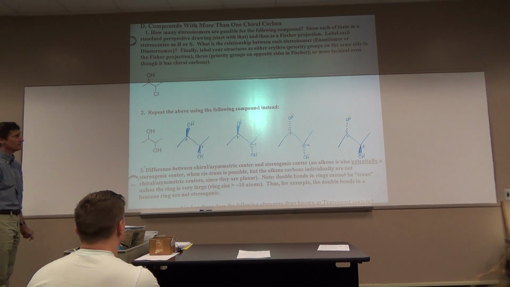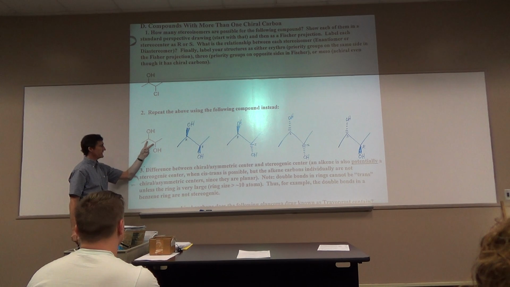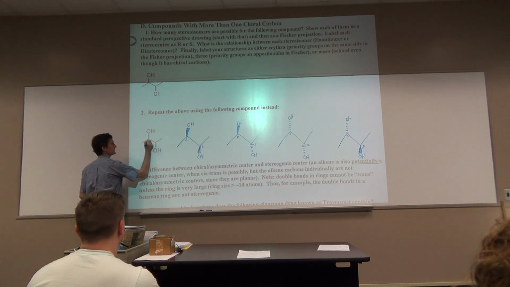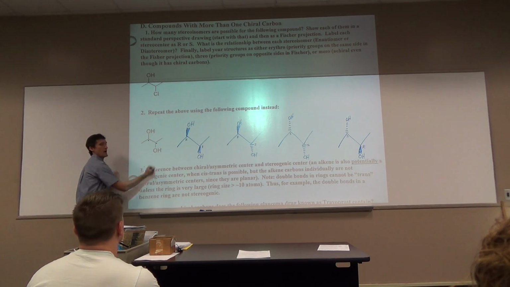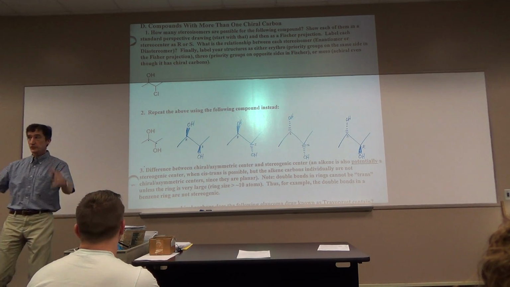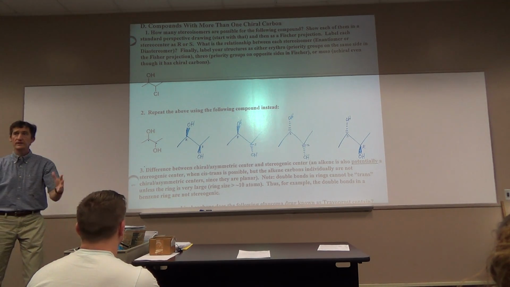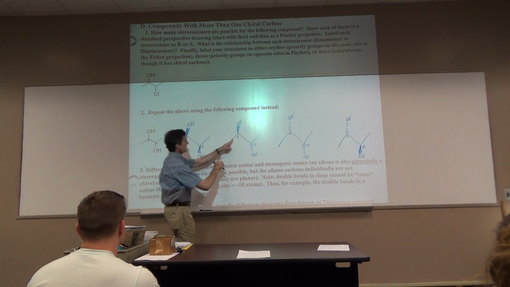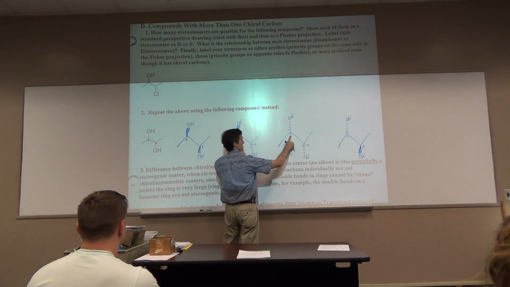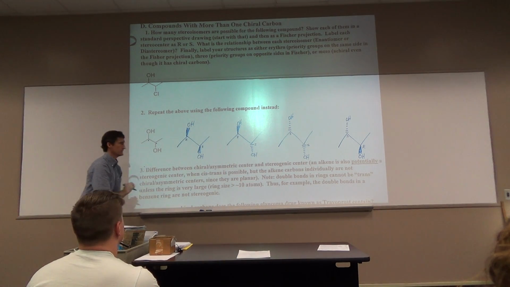All right, how many compounds do we have on the board? What's the maximum number you can have here? You've got 2 chiral carbons. What is chiral? That means you have 2 different forms, 2 different configurations. We showed it. We have an R configuration and an S configuration. Those are the 2 possibilities.